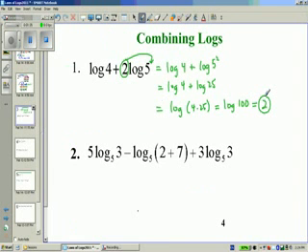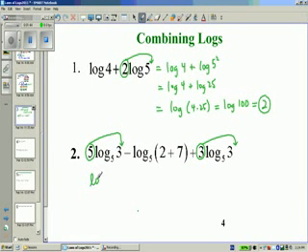All right, so on the second problem, let's do that same thing. Let's check here. Do I have a coefficient other than 1? Yes, I do. So I'm going to take and move that in as a power. Here I'm okay. I'll use that minus rule. But here I have to move this 3 in here.